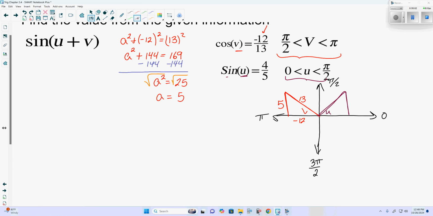U tells us sine of u is 4/5. Sine is opposite over the hypotenuse. And we can do the exact same thing to find the adjacent side.